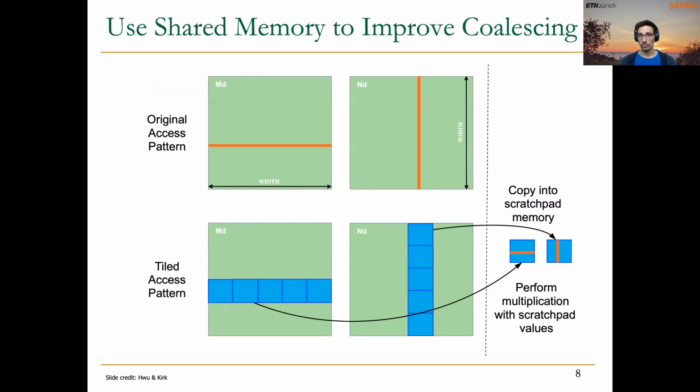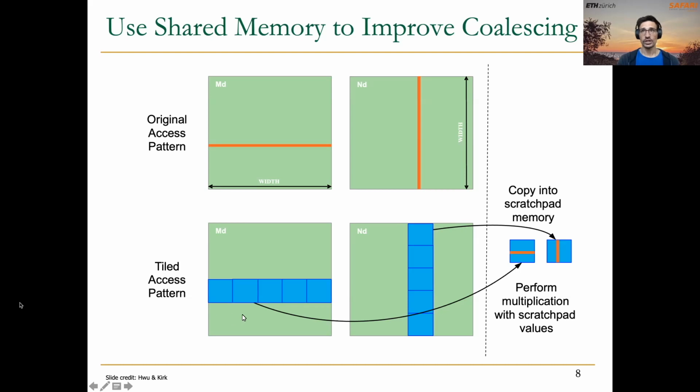One way of improving coalescing is to use shared memory. Shared memory can be very useful to take advantage of data reuse. It's something that we already discussed in the previous lecture, but shared memory is also useful to improve coalescing.